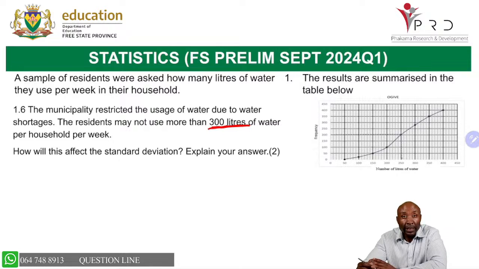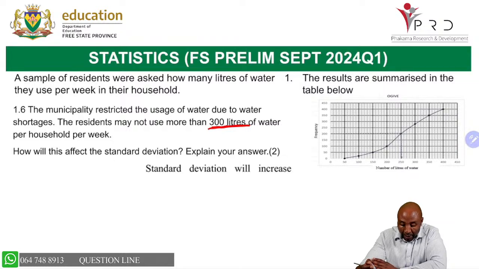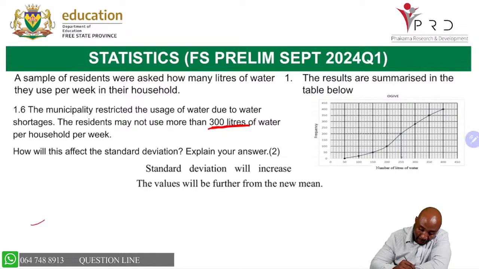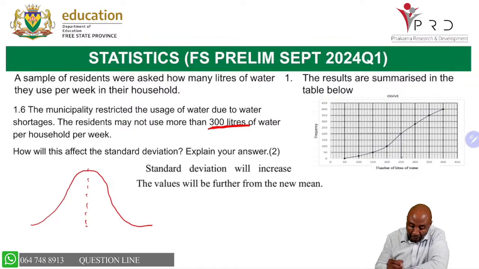Now, it means our estimated mean will go down as well. If it becomes smaller, it will also mean our standard deviation will increase because there will be more spread now of the data around the mean, and we are saying the values will be further from the new mean, and that is why we are saying the standard deviation will increase, because remember, standard deviation, in a normal distribution, we are talking about that where we have our mean.